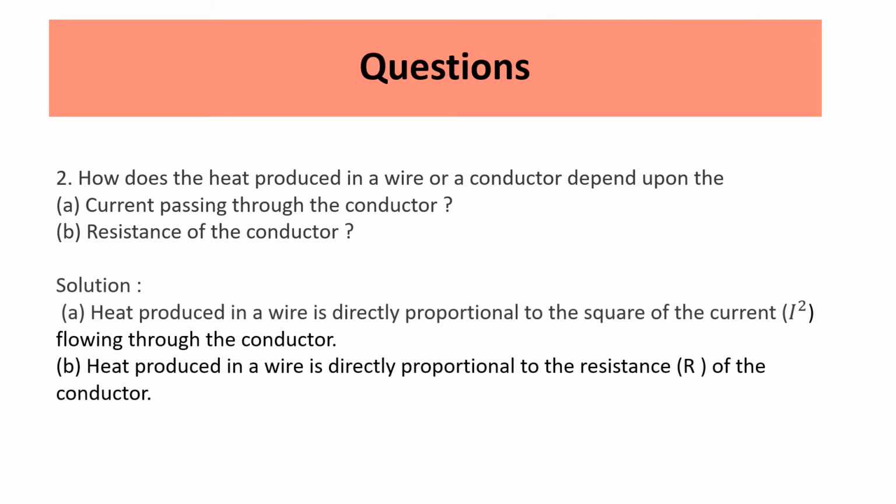Heat produced in a wire is directly proportional to the square of the current flowing through the conductor. Heat produced in a wire is directly proportional to the resistance of the conductor.